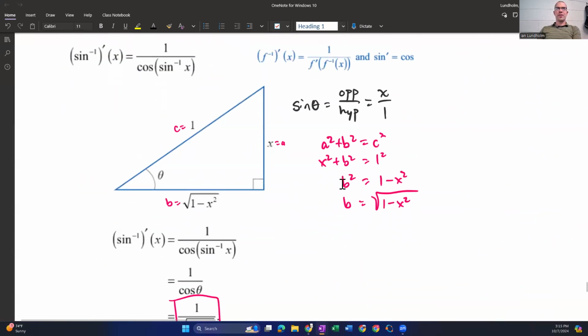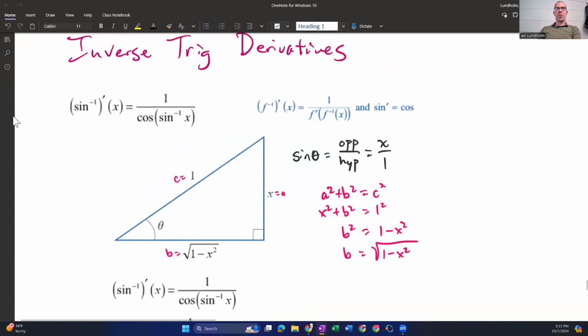And so, if I want to calculate the derivative of the arc sine, that is 1 over the cosine of the arc sine of x. And this is one way to write that, but it's maybe not super satisfying. This probably could be combined and reduced into a simplified form.